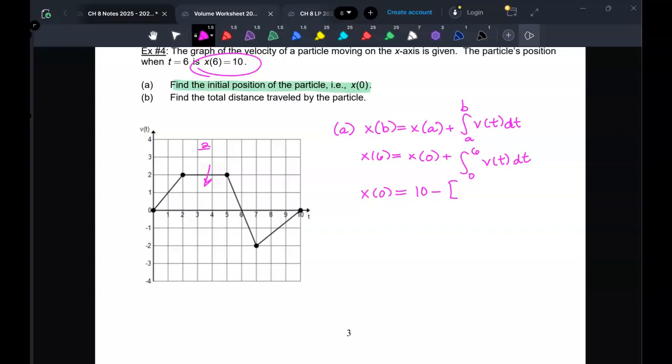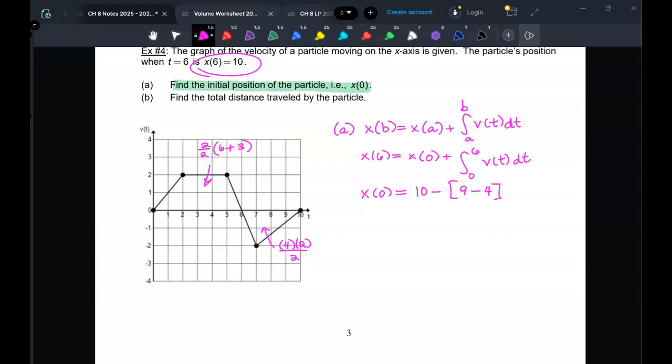This will be a trapezoid, 2 over 2, base 1 is 6, so 9. This is an area of 9. And how about the triangle at the bottom? That's going to be a base of 4 times 2 over 2, and it's a minus 4 because it's below the x-axis.